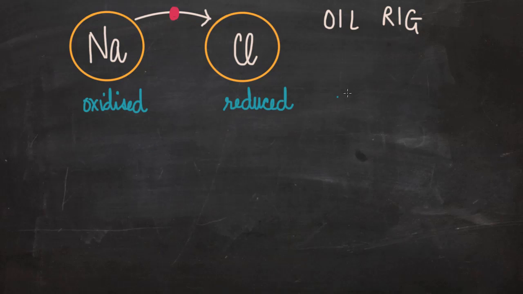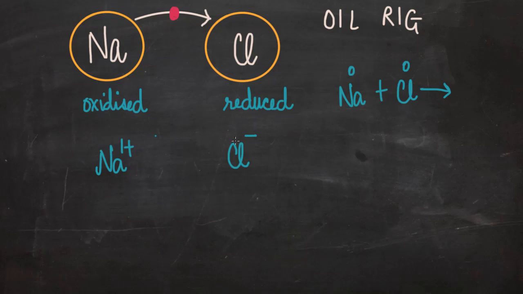So initially, the charge on sodium was 0 and the charge on chlorine also was 0. But what happens now? After losing an electron, sodium has a charge of 1 plus. And chlorine, after accepting an electron, has a charge of Cl minus.